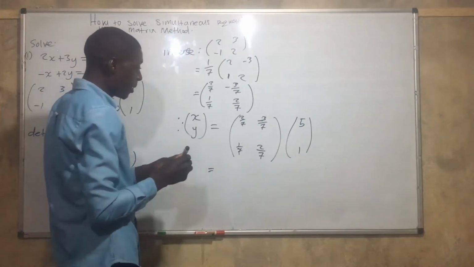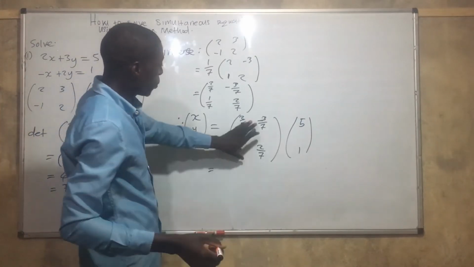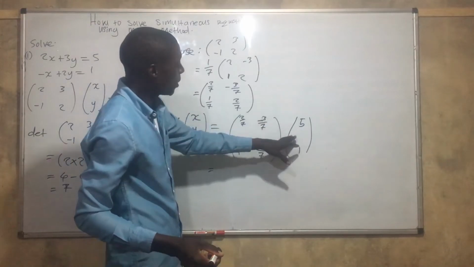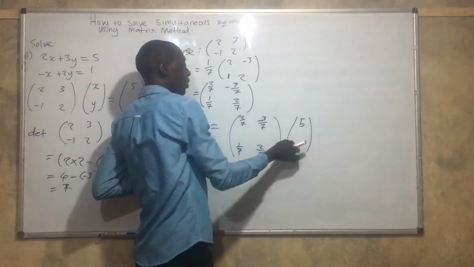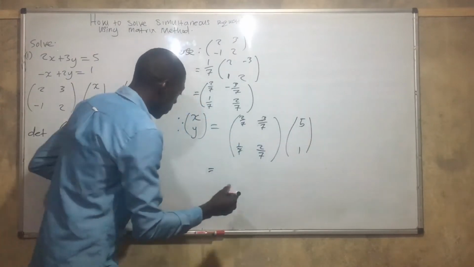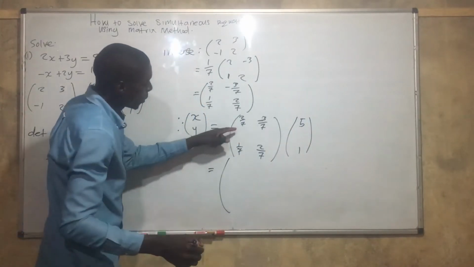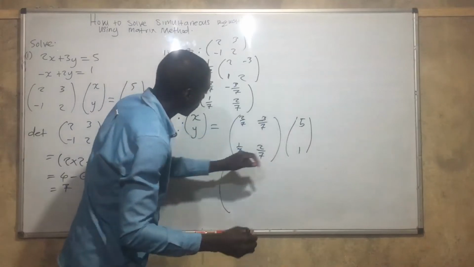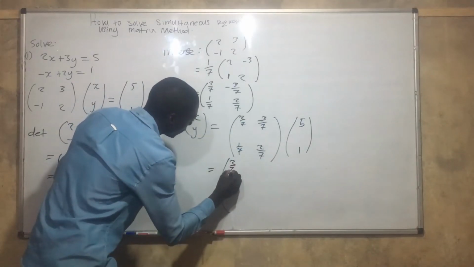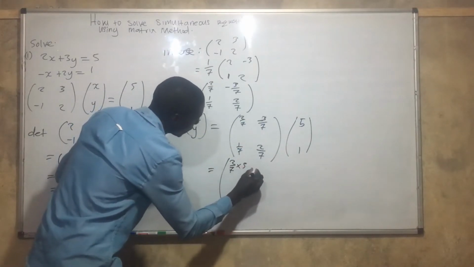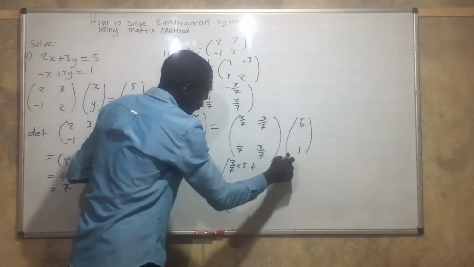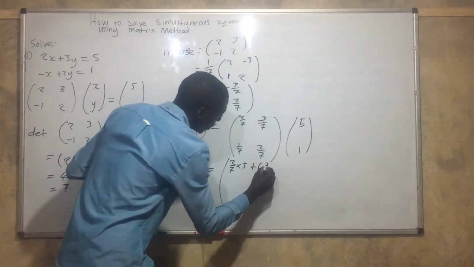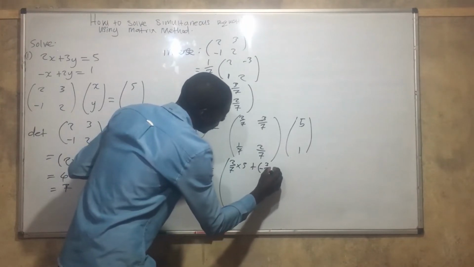When we multiply, we are talking about a 2 by 2 matrix and a 2 by 1 matrix, because it has 2 rows and 1 column. When you multiply this row by this column, it will be 2 over 7 multiplied by 5, plus negative 3 over 7 multiplied by 1.